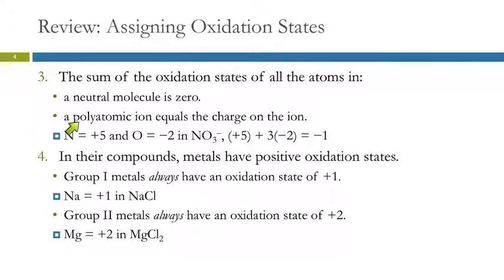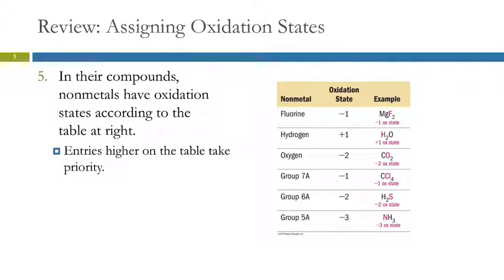If you have a polyatomic ion, the oxidation states add up to the charge on the ion. And then metals are always going to have positive oxidation states in compounds. This really goes back to the charge on those monatomic ions. And then we've got this one, which I already mentioned again.